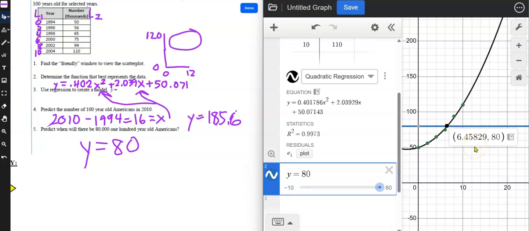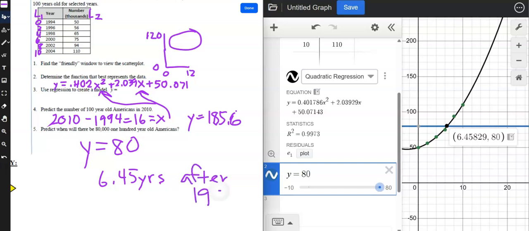So 6.45 years. So if you started in 1994 and you went 6.45 years, that's sometime after 1994, so we're talking 2000.45, something like that.